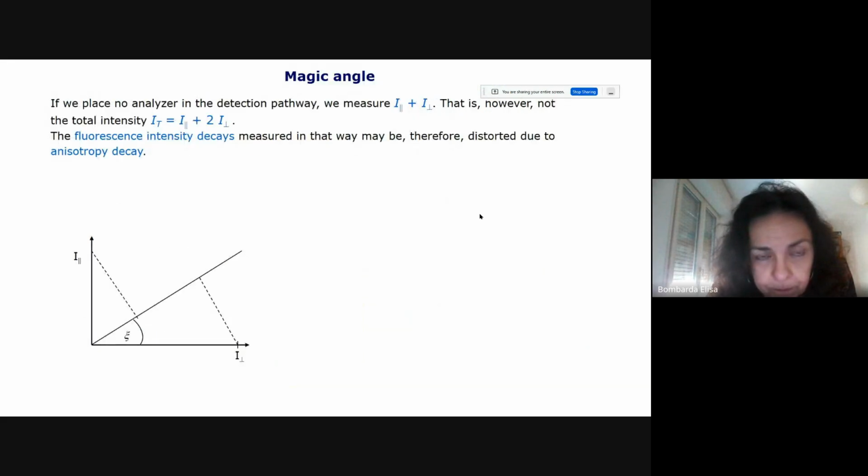And okay, so this is just a curiosity, because maybe some of you already heard this definition, the magic angle. And what is the magic angle?